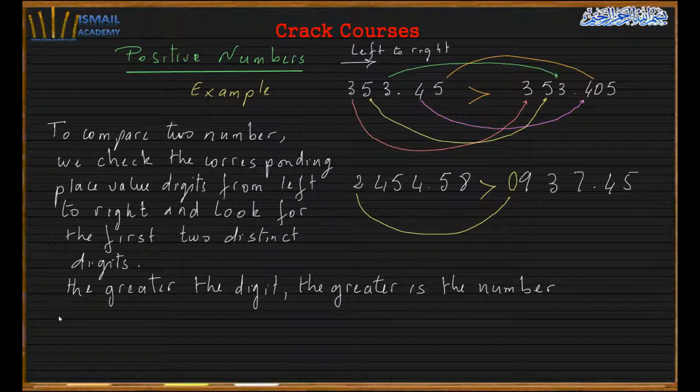And the less the digit, the less is the number. Here, the greater the digit, the greater the number, and the less the digit, the less the number.